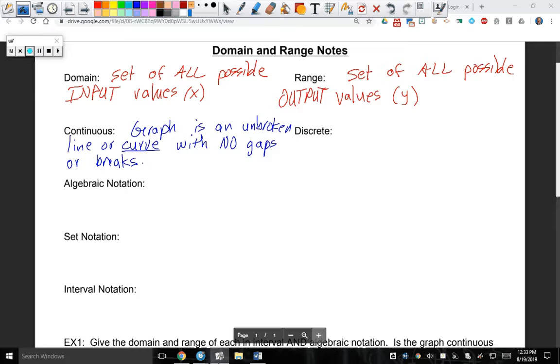Discrete is a graph that has holes, gaps, or breaks. And if you want to write underneath just a bunch of points, that's fine.